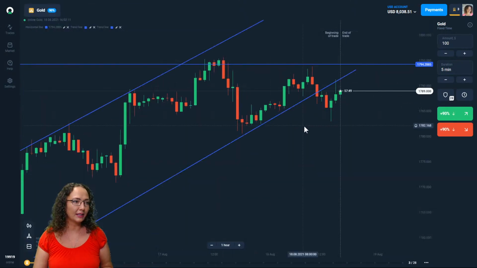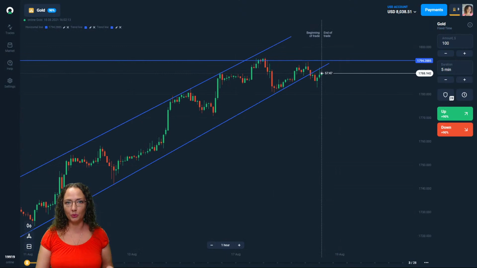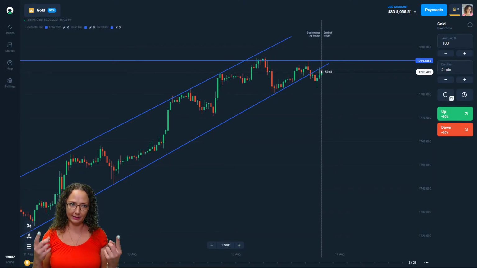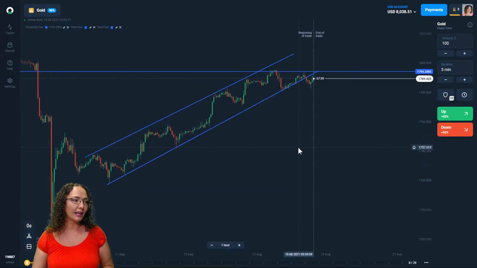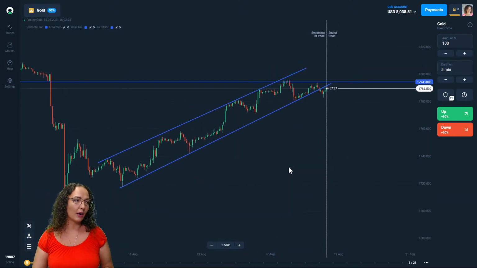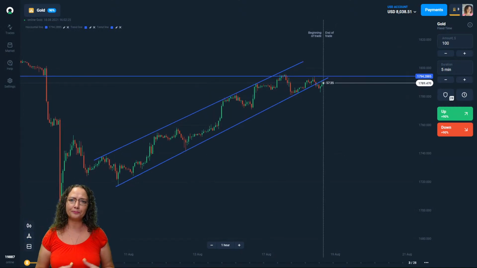I think that one of the best ways to use a pending order is by identifying strong levels of support and resistance. Right here, we're looking at the gold on the 1 hour time frame. We talk about support and resistance levels a lot, and my friends, this is because they are so important in trading.